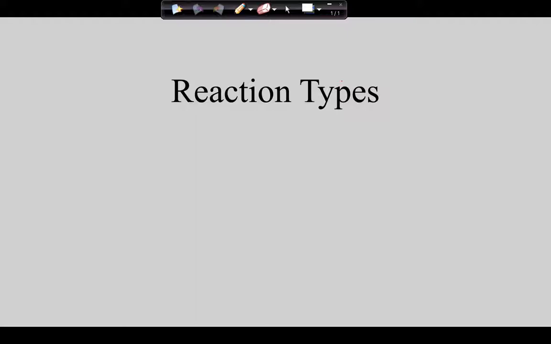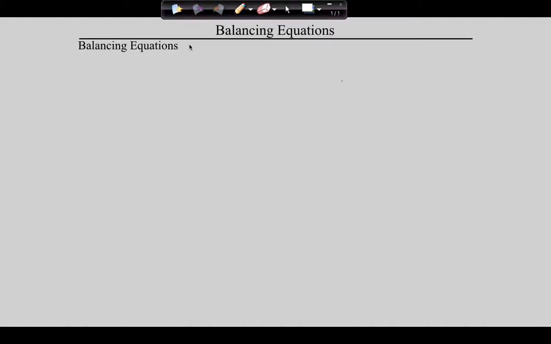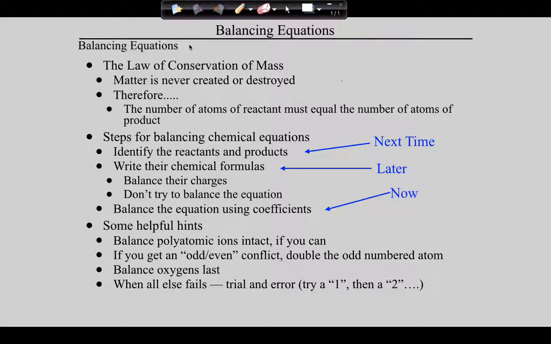So, guys, this is the way this is going to unravel for us today. Please don't write this down. This looks familiar, right? This was out of your notes last time, and here's what we said. When we write balanced equations, it is a 3-step process, but we did these processes backwards. The first thing, the first part of your homework assignment, was that we balanced equations using coefficients.